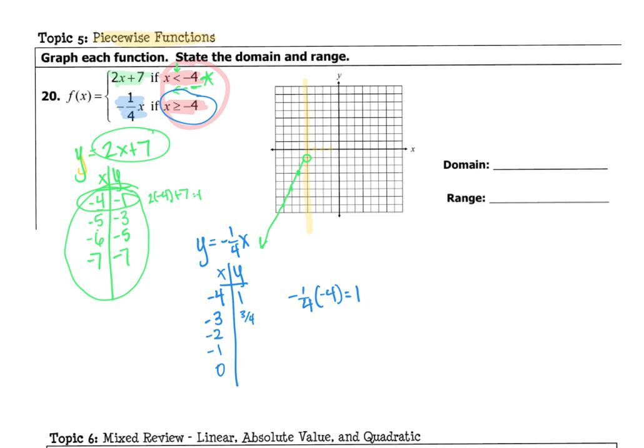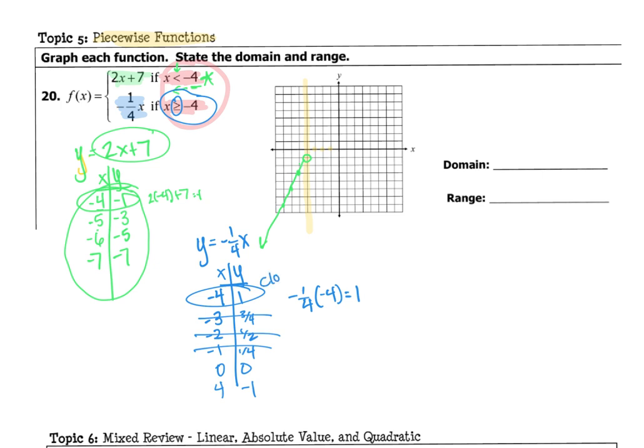I could keep looking at my table of values and I could see that the next y value that's a whole number would be when x is 4, y is -1. So you can just plot the whole number points. But before you do that, go back to where your first dot would be. That's going to be on the wall. We have -4, 1. Now go back to where it had it at the top. We say greater than or equal to.